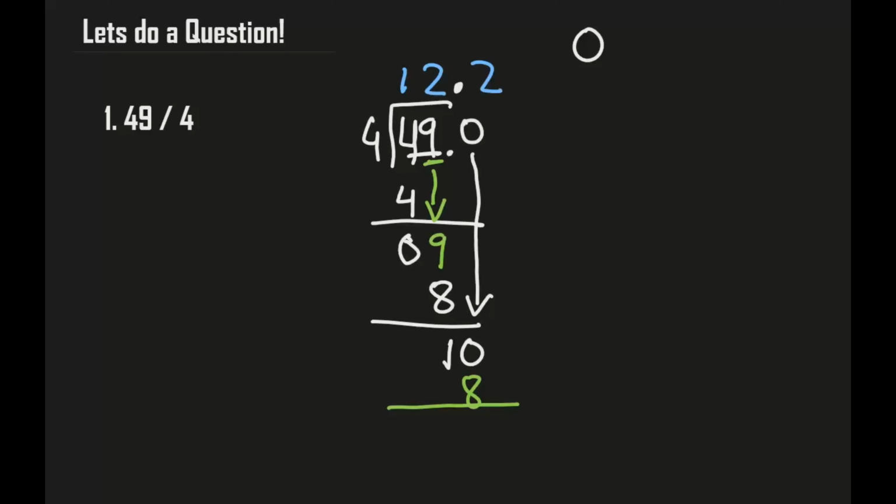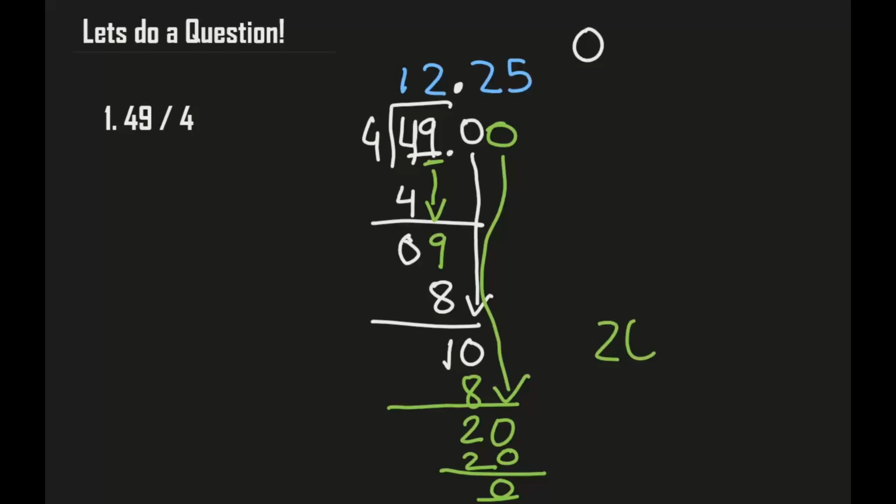We subtract, and we get 2. 10 minus 8 equals 2. Now again, we'll add a 0 right here, then we'll bring that down. Then we have 20. We know that 4 times 5 equals 20. So we'll write 4 times 5, 20, and 20 minus 20 equals 0. I don't have space here, so I'm just going to write here. 20 minus 20 equals 0.